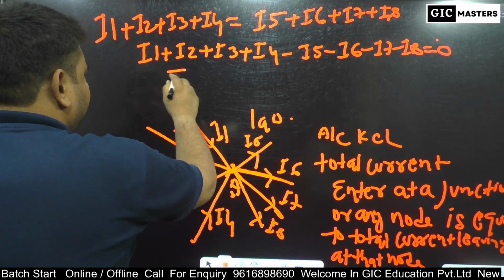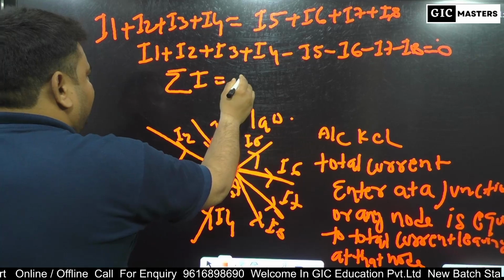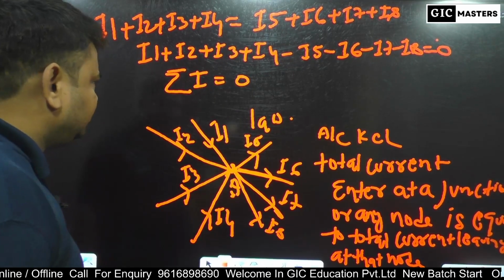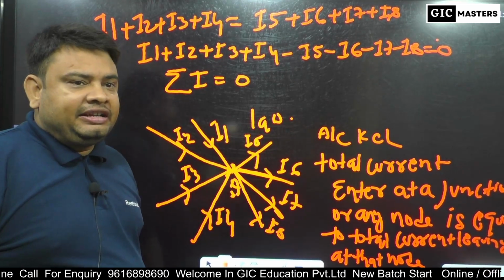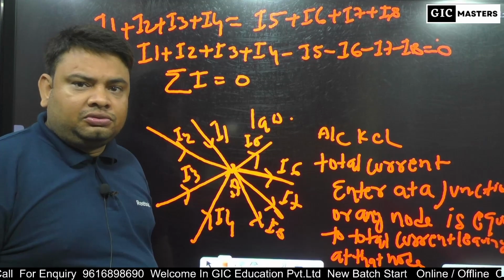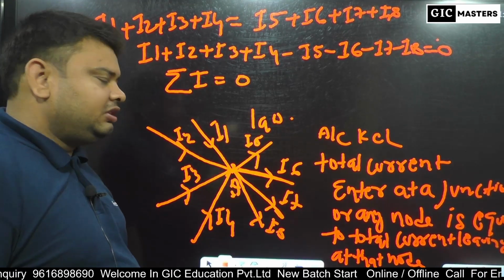So total I or summation of I equals 0. The algebraic sum of current at any node or any junction equals 0. These are the statement of Kirchhoff's current law.